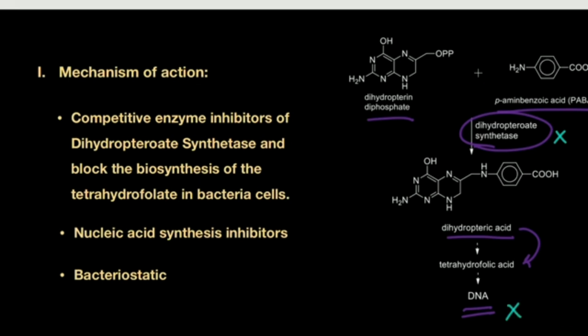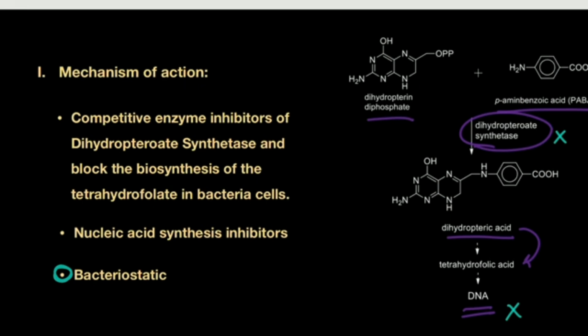Hence, the bacteria can no longer grow and multiply. This last sentence must ring a bell to you that sulfonamides are bacteriostatic rather than bactericidal because they don't actively kill the bacteria. Instead, they suppress the development only.